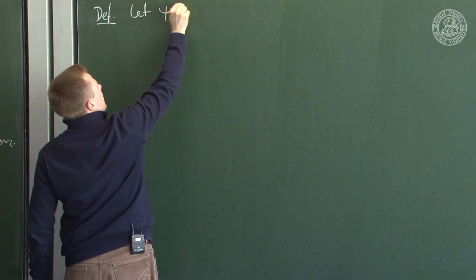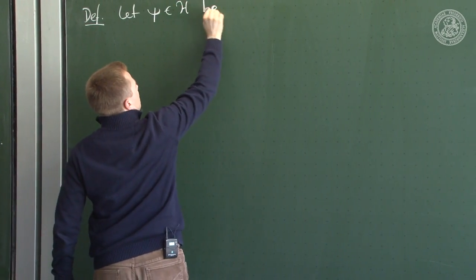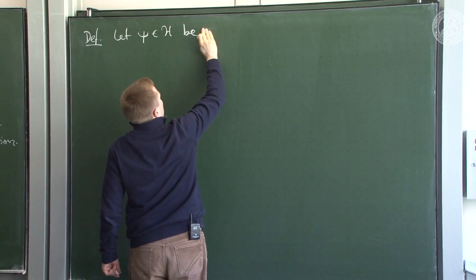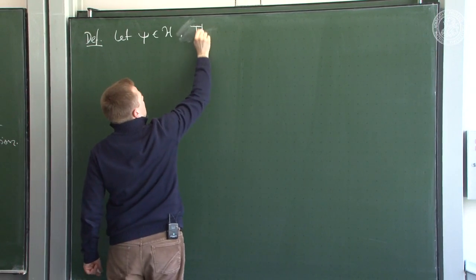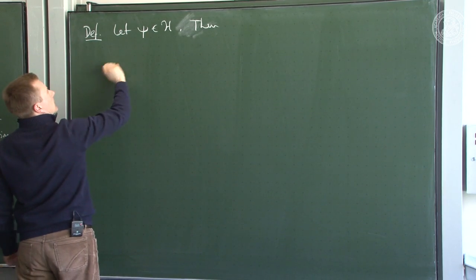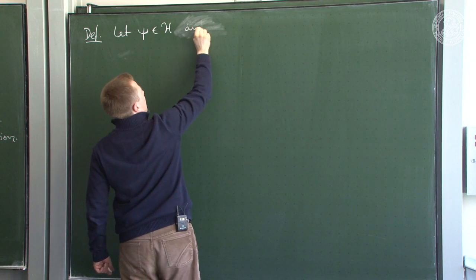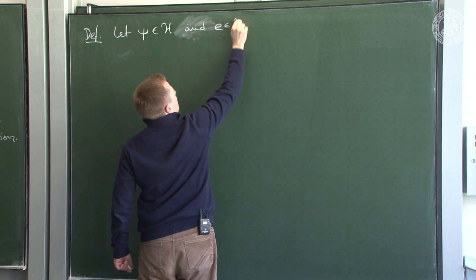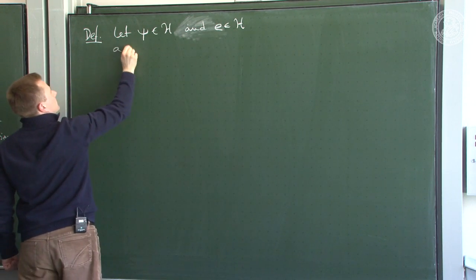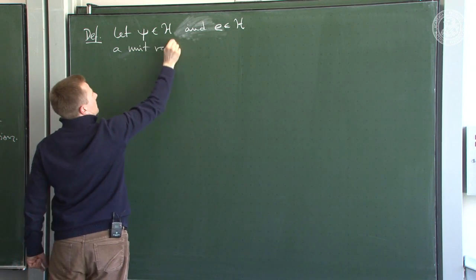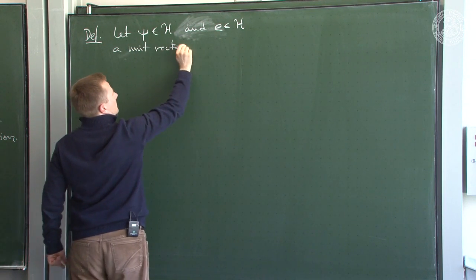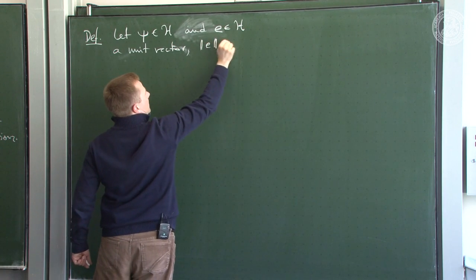Let psi be in H, and E in H a unit vector, meaning, of course, that the norm is 1.